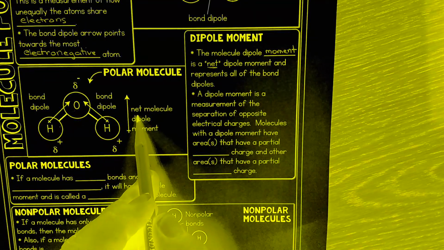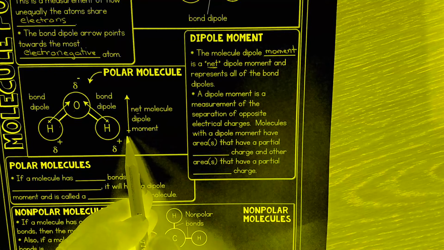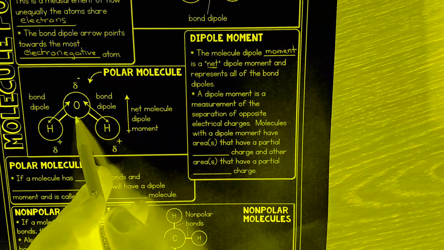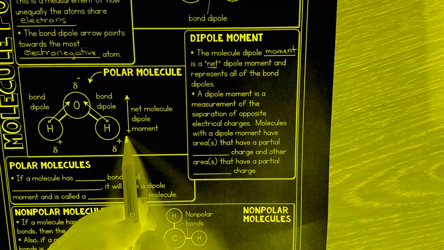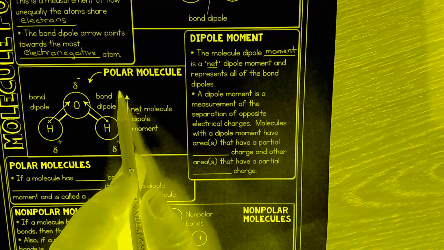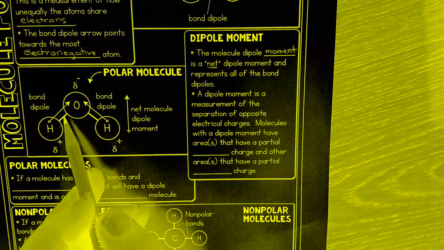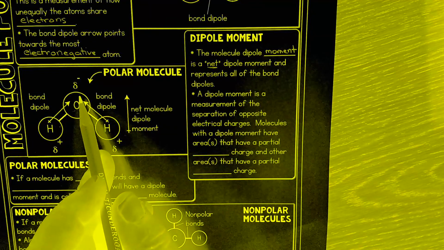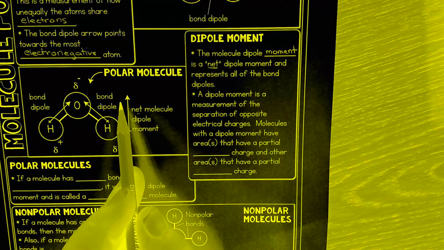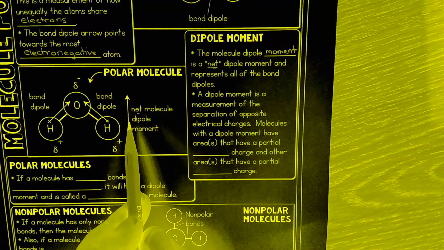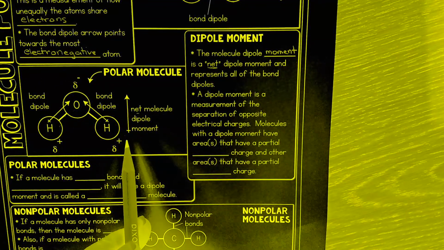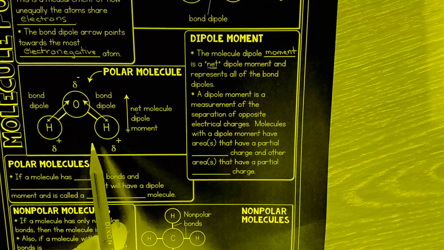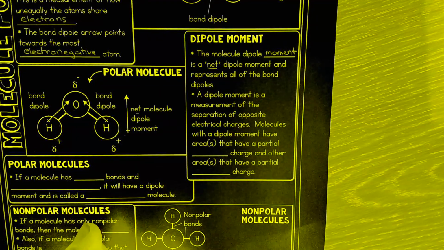So the dipole moment is the net difference, which means basically if you take these two arrows and average them out, then the direction is in that direction, right? If you could average both of these arrows, you get an electronegativity difference pointing basically straight up as this is arranged, as opposed to on an angle like these two.